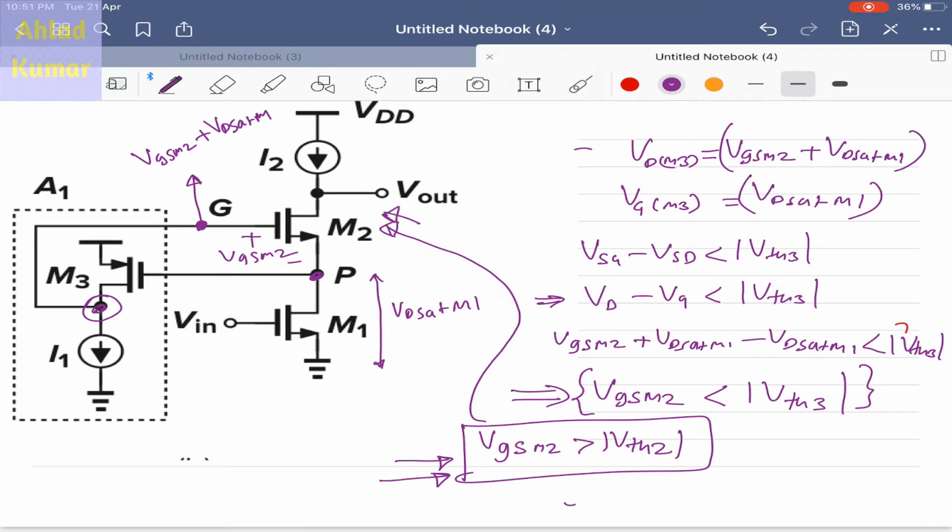And also you know that the difference of the VTH3 and the VTH2, because VTH3 is the threshold voltage of PMOS and VTH2 is the threshold voltage of NMOS, they are nearly the same, but it happens that the threshold of PMOS is slightly greater than NMOS. So this constraint is still satisfied for transistor M3 to operate in saturation.